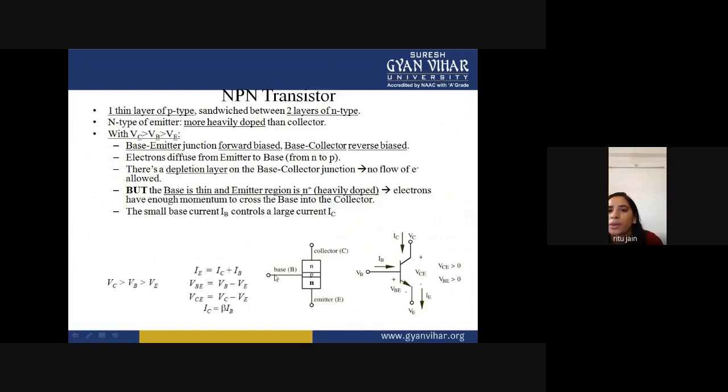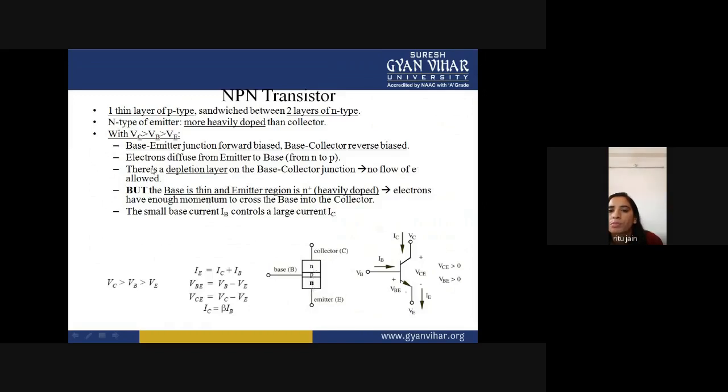of the battery. So the base emitter junction is forward biased, the base collector junction is reverse biased, and electrons diffuse from emitter to base, from N to P, because this layer is highly doped and this layer is lightly doped. Some electrons are emitted, going from the N layer to the P layer, and the collector will collect the electrons.